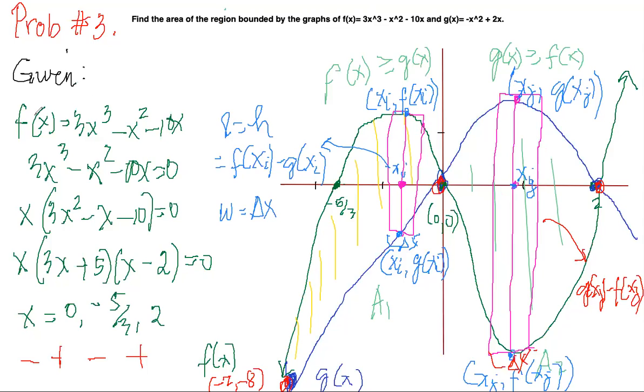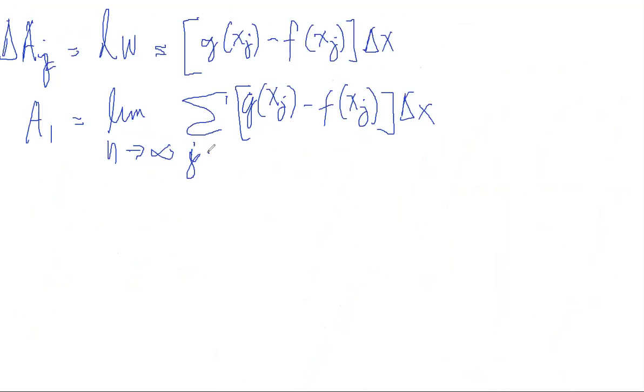So area 2 is equal to the limit as n approaches infinity of the summation of g of x sub j minus f of x sub j, multiplied by delta x, as j goes from 1 to n, and of course n is approaching infinity.